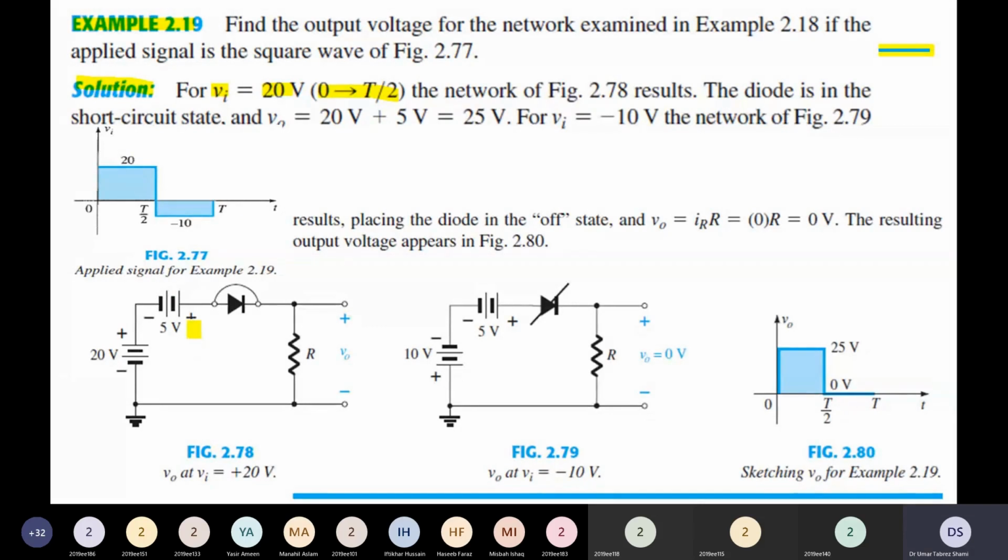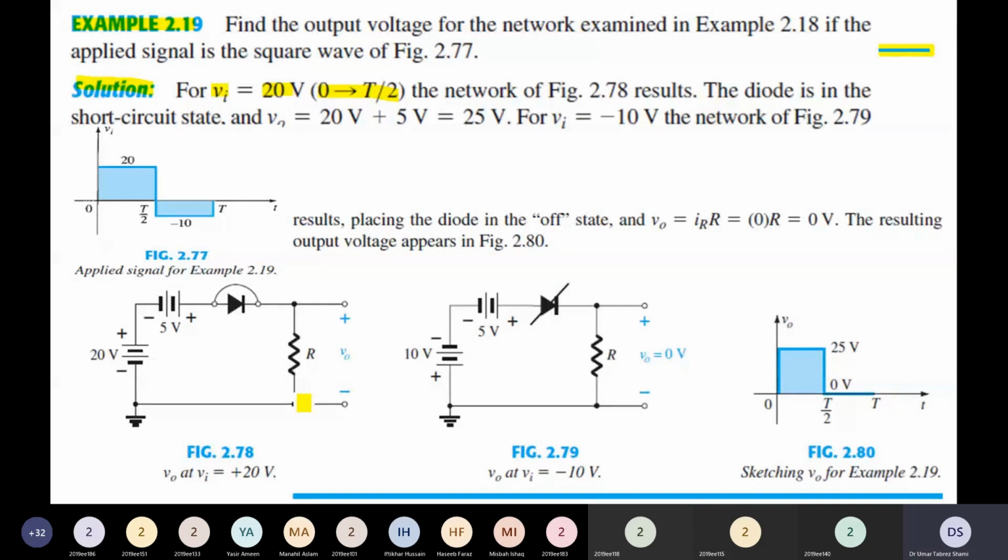Again, we are using the similar clipper circuit where we have the 5 volt DC battery connected as shown, and then we have a diode with the anode connected to the positive terminal of the 5 volt battery and the cathode terminal connected to the resistor, and the second terminal of the resistor is connected to the ground.